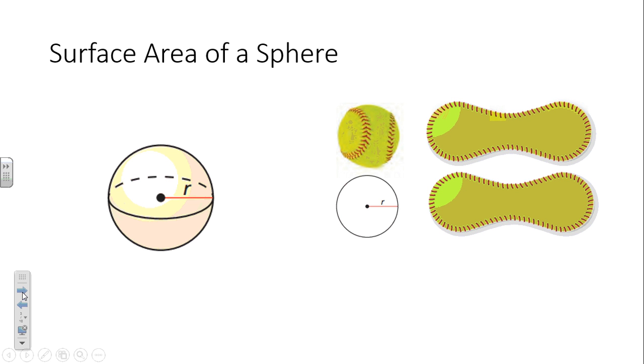How many circles of radius r do you think there are in one of those covers? There's 4. So your total surface area of a sphere is 4 pi r squared. So write that down. The formula for finding the total surface area of a sphere is 4 pi r squared.